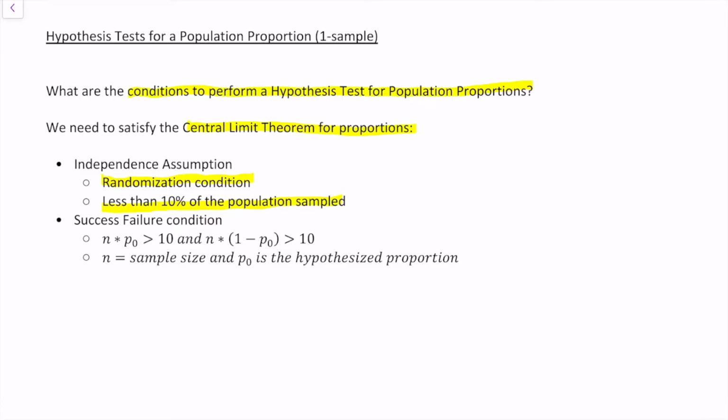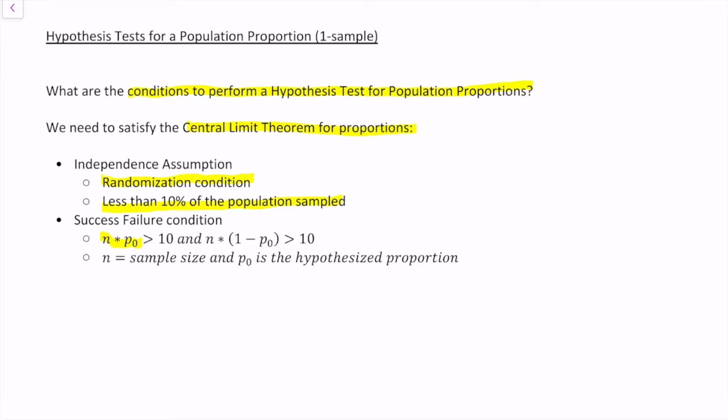And then for proportions, we have to make sure that the sample size we collected is large enough. How do we do that? We do that via the success and failure condition. We take our sample size and multiply it by this new symbol, p sub 0, which I'll call p naught.